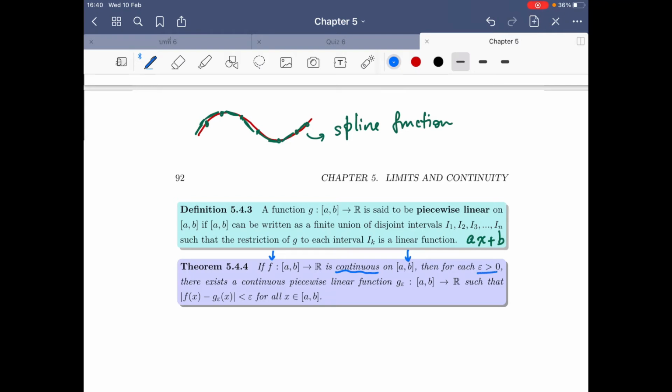So no matter how small the error that you need, you can always find a piecewise linear function g epsilon, such that the approximation value and the real value of your function f differ by less than that epsilon that you need.